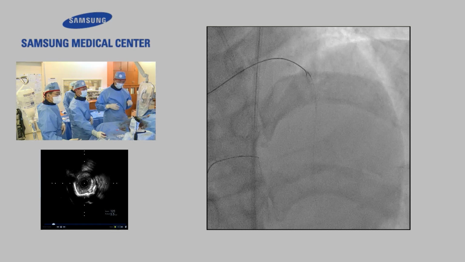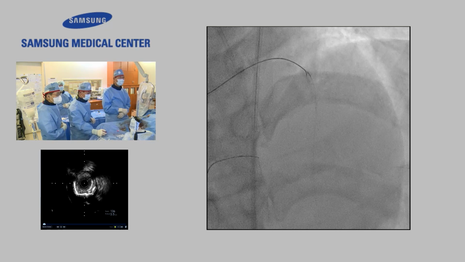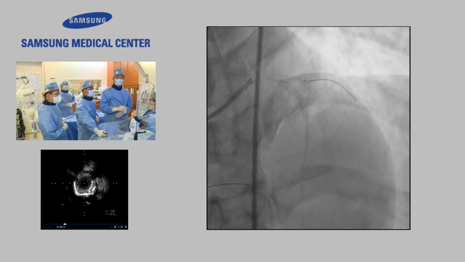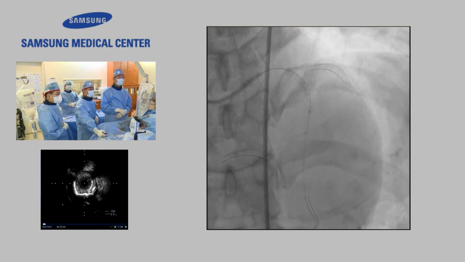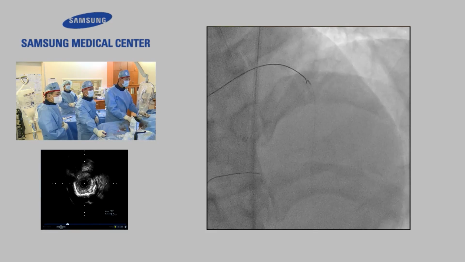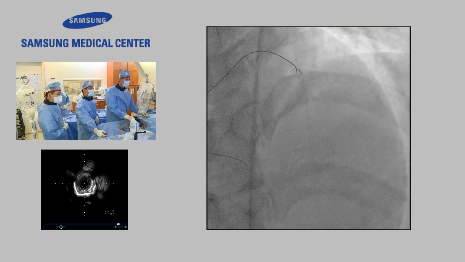The IVUS study showed that more than 5 millimeters of napkin ring is an indication of rotablation. So I don't like to do that. Balloon easily breaks this small amount of calcium. I don't think the napkin ring calcification is a problem for this procedure.